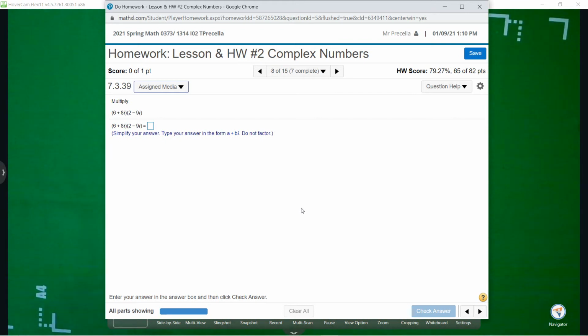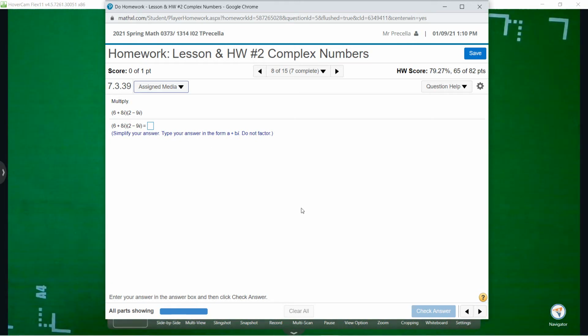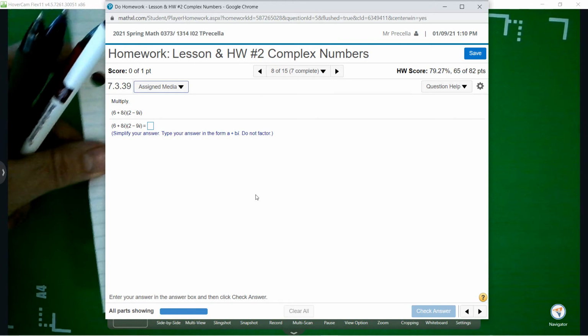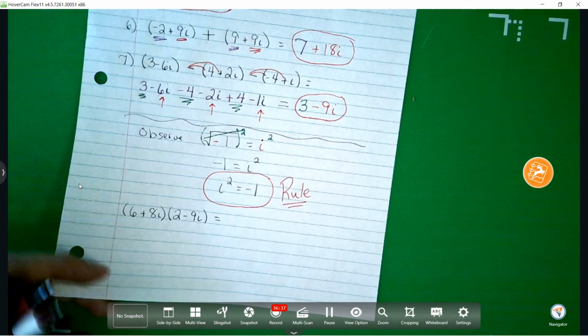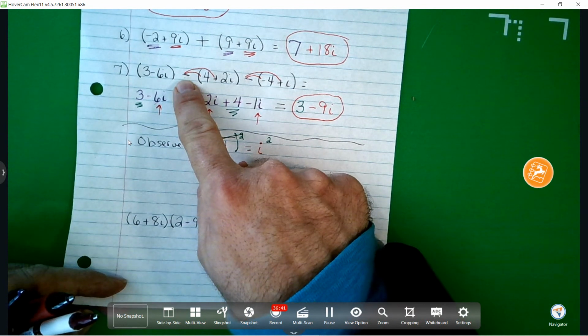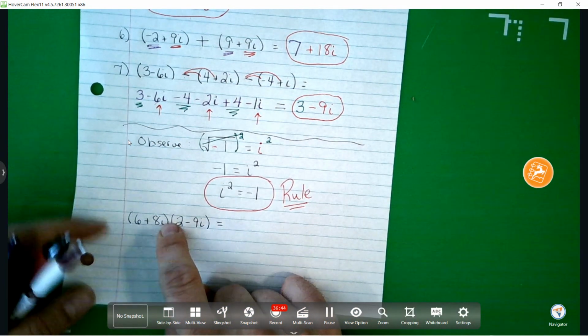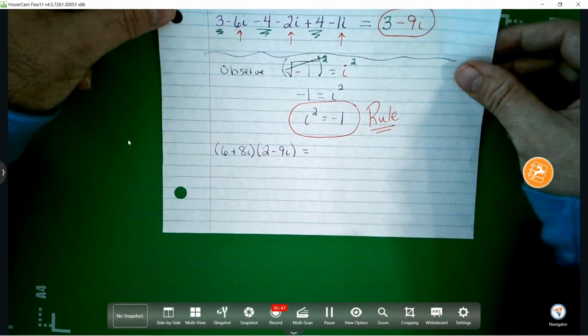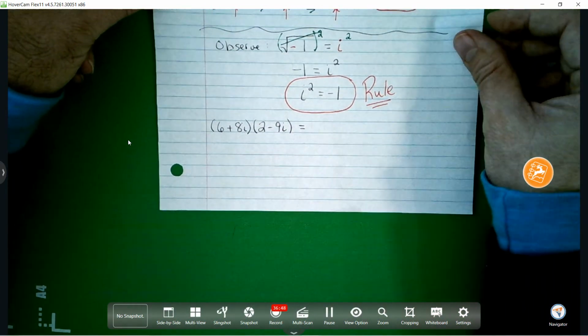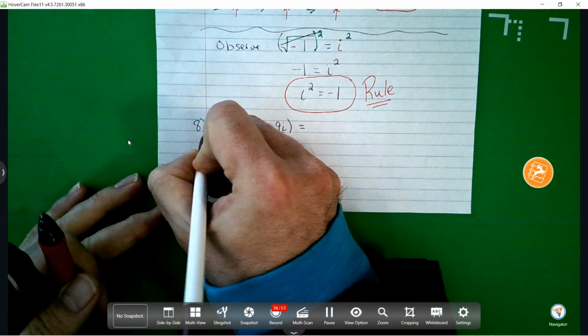Notice, how does this problem differ from the ones we were doing? Well, the ones we were doing, there was a plus or a minus in the middle of the parentheses. If there's not a symbol between the parentheses, then we consider it multiplication.